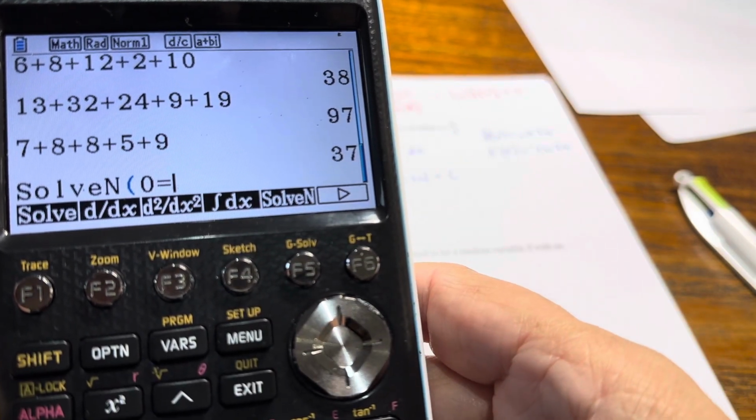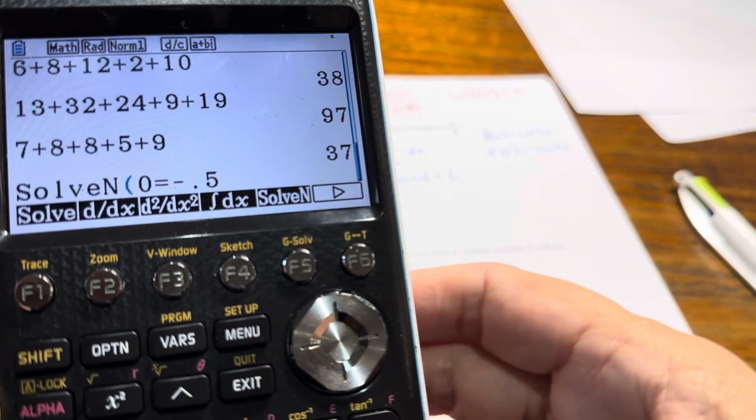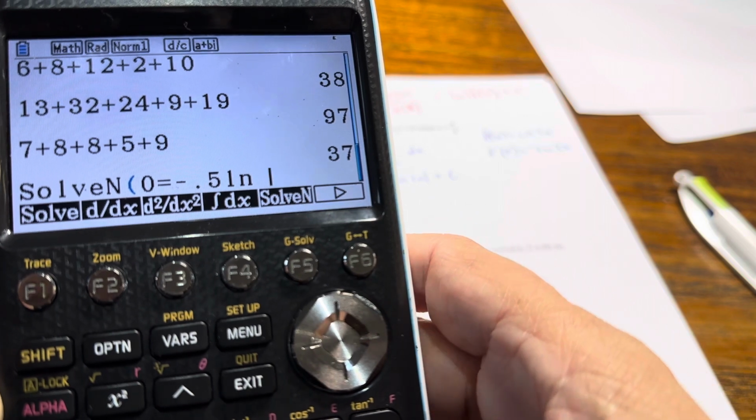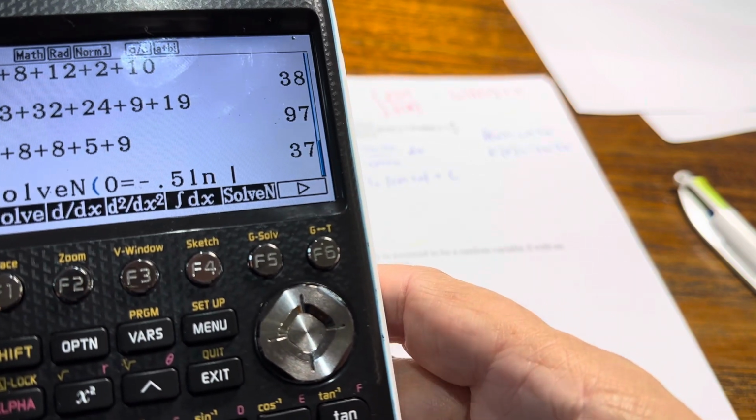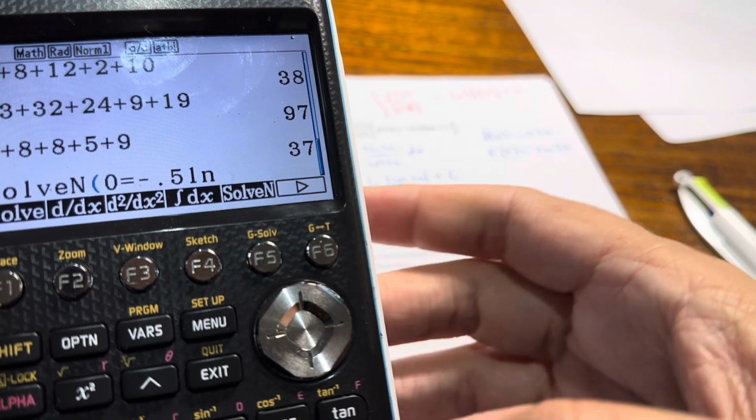equals -0.5 or -1/2, depending on how you want to do it, ln cos 2x.